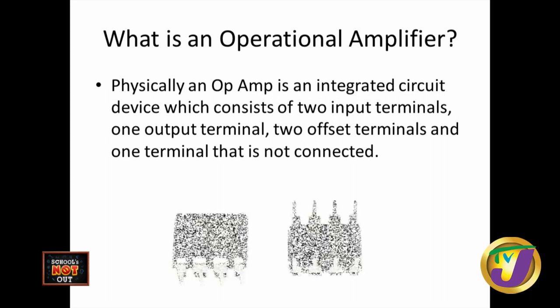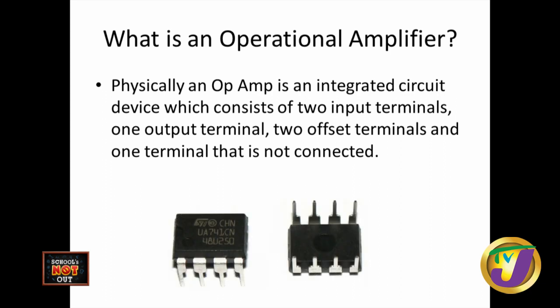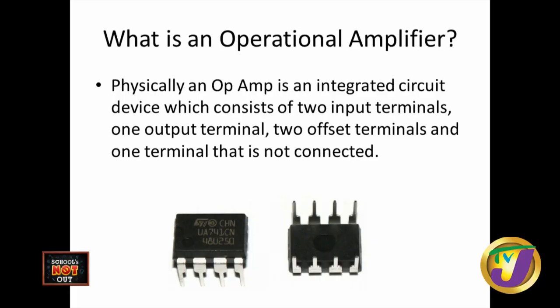Physically, an operational amplifier is an integrated circuit. When we talk about the ICs in our electronic devices, IC means integrated circuit. It's an integrated device which consists of two input terminals, one output terminal, what are called offset terminals, two of those, and one terminal which is just a dummy terminal, if you want to call it that.